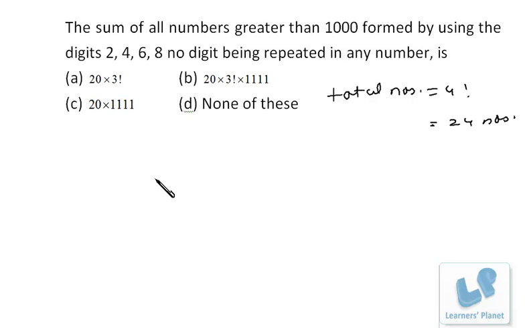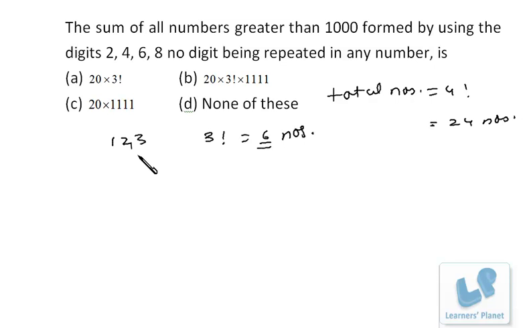Now friends, before we proceed, I will take a smaller example so this concept is clear in your mind. Suppose I have 3 digits, that is 1, 2, 3, right? From the arrangements of these 3 digits, we can make 3 factorial, that is 6 numbers, right? Just listen to me carefully because it's an important concept which we will be applying later.